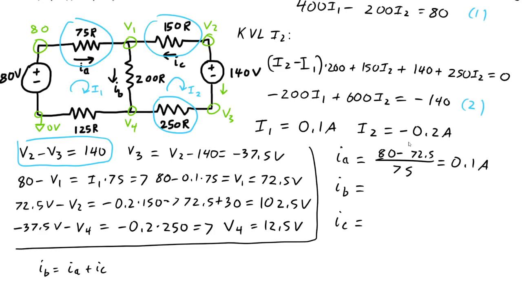So negative I2 would end up being 0.2 amps. So IB is IA plus IC. So 0.2 plus 0.1 is 0.3.